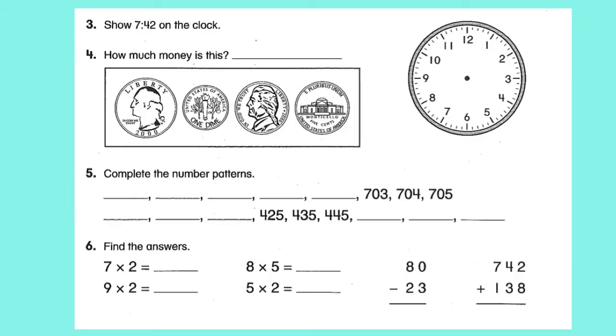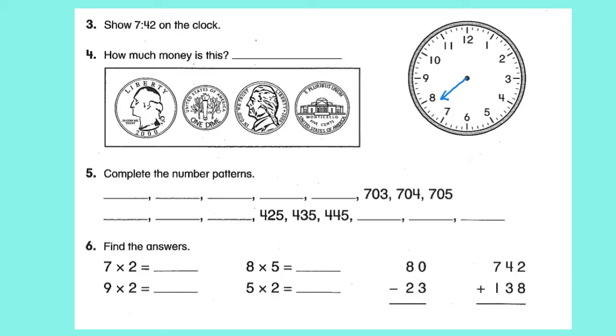Number 3 says show 7:42 on the clock. 7:42, that means it's almost 8. So let's see. I'll draw my arrow right about there. And then 42.